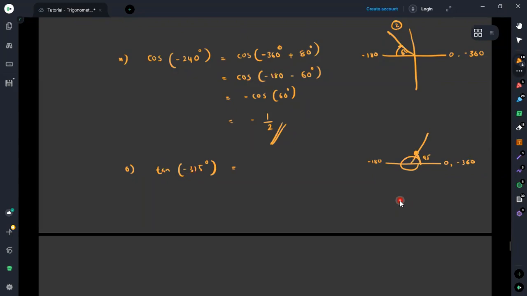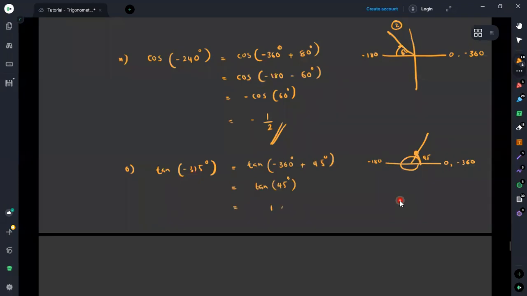Therefore we can write this as tangent of minus 360, then we have to add 45 degrees to this, because it is measured in the anti-clockwise direction. Then we will get this in the first quadrant. Therefore, we can simply take this in the form of tangent 45 degrees. The value of tangent 45 is equal to 1.